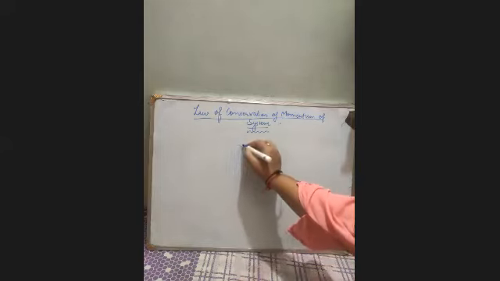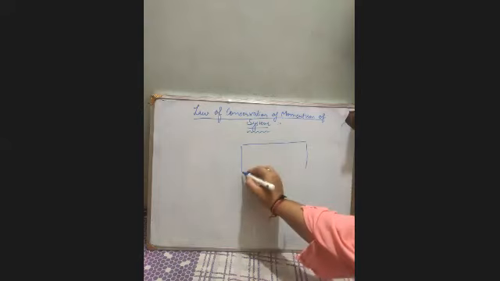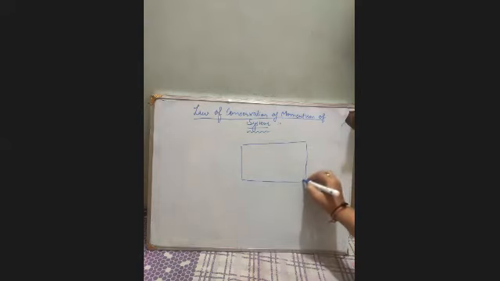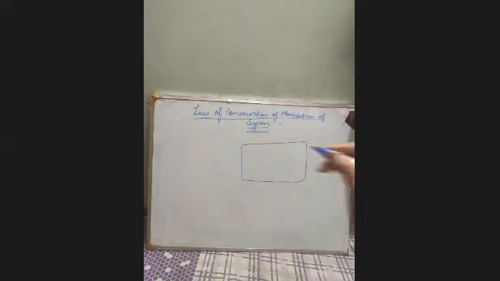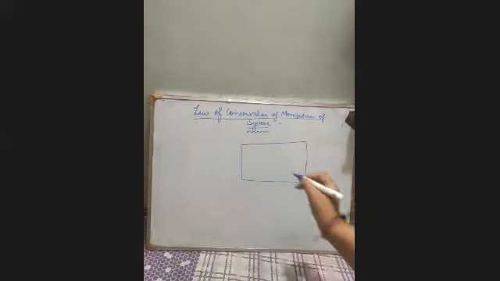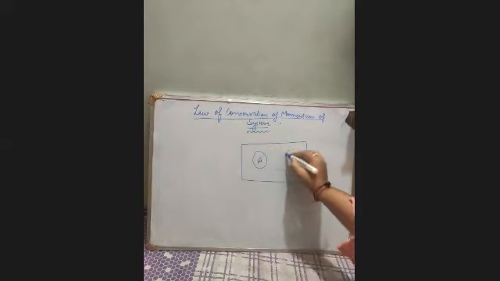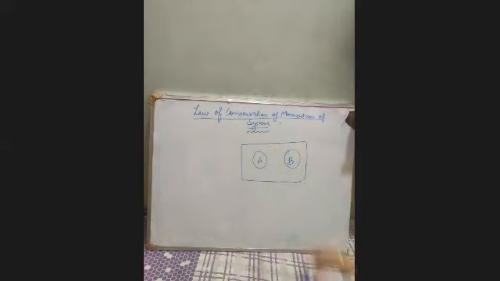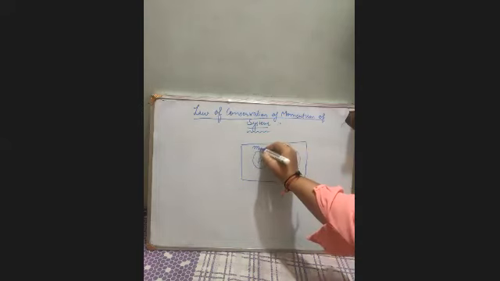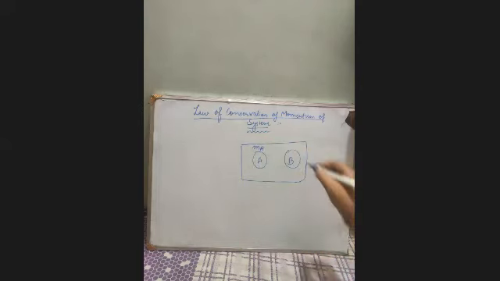Now, let's suppose that we are considering this system, and this system is comprised of two objects, object A and object B. Let's suppose object A has mass ma and object B has mass mb.